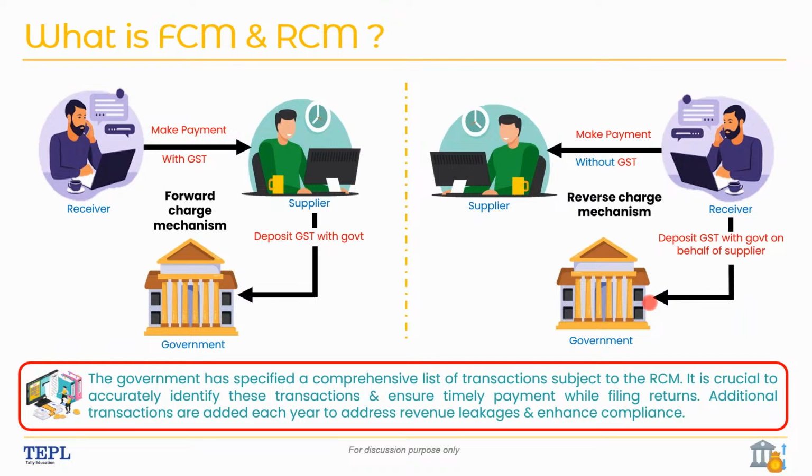There could be many other reasons; I'm just assuming this to be one amongst the many. They said, no, we will not collect GST from the supplier. We will collect GST from the recipient because he is from the organized sector and he is able to make the payment to the government. So in that way, the government is collecting taxes from two different people, but of the same amount.